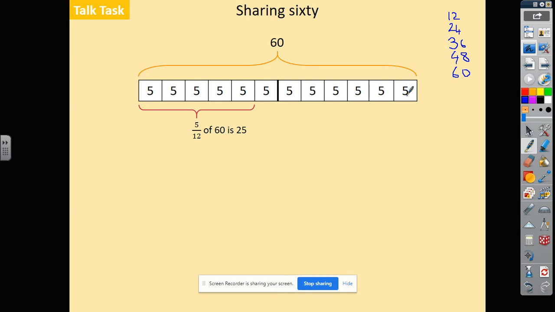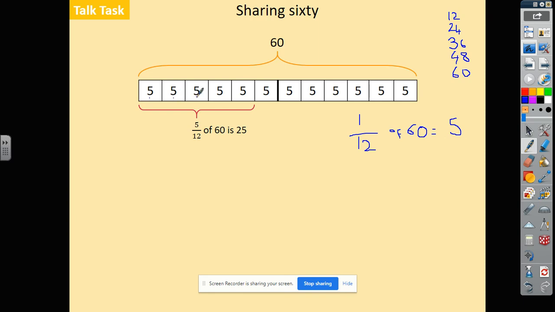So 1/12 of 60 is equal to 5. Okay, but what we're looking at here is 5/12. So we needed to look at 5 of these.